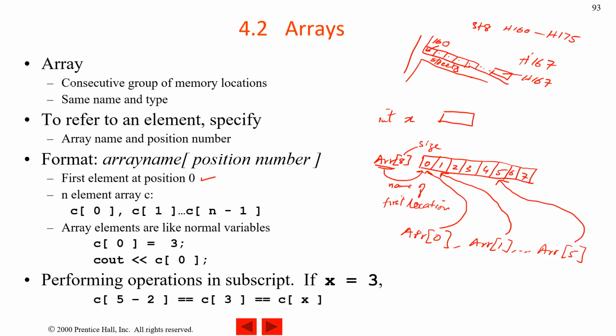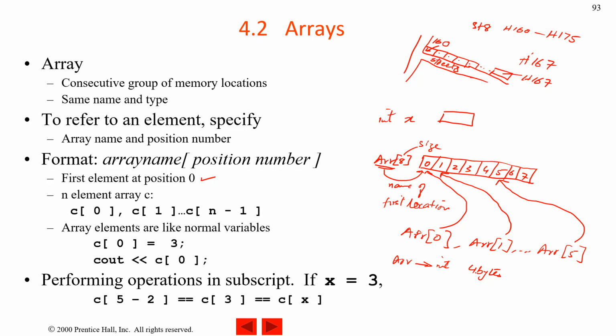So as we said, it has to be a continuous, consecutive group of memory locations with the same name and data type. So if this array ARR is of type integer, an integer is 4 bytes.